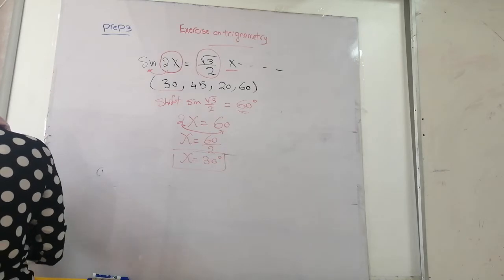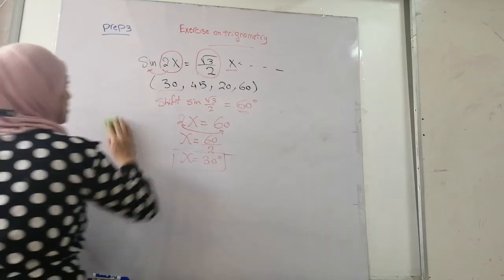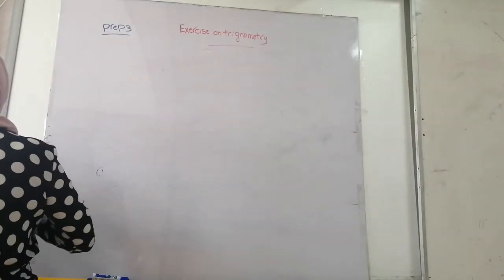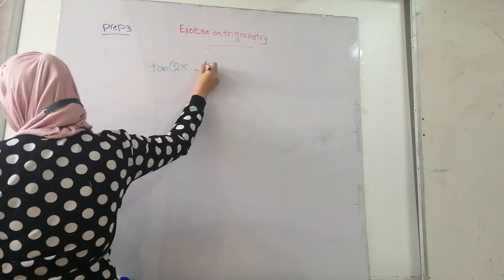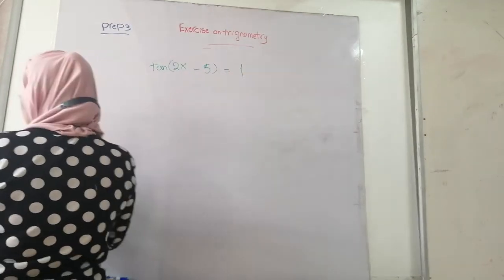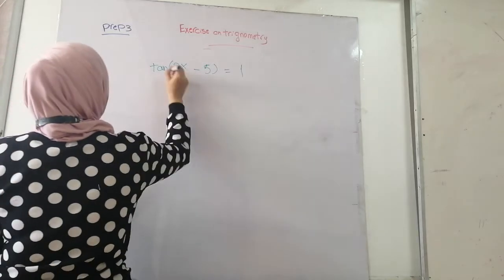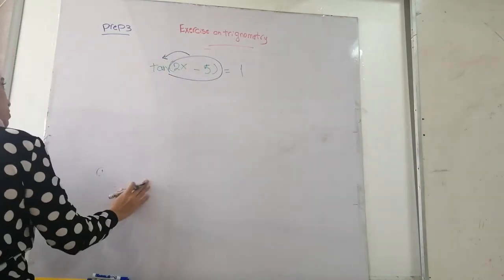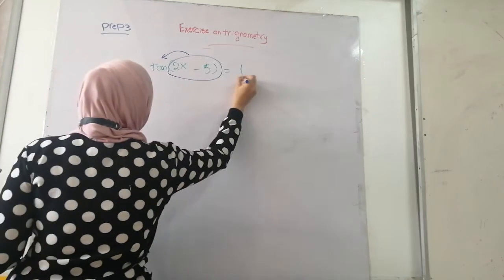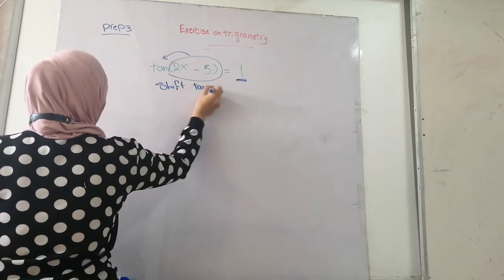Another example. Then 2x minus 5 equals what? Equals 1. Here 2x minus 5 is inside the tan, so what shall I do? I press shift tan of 1.